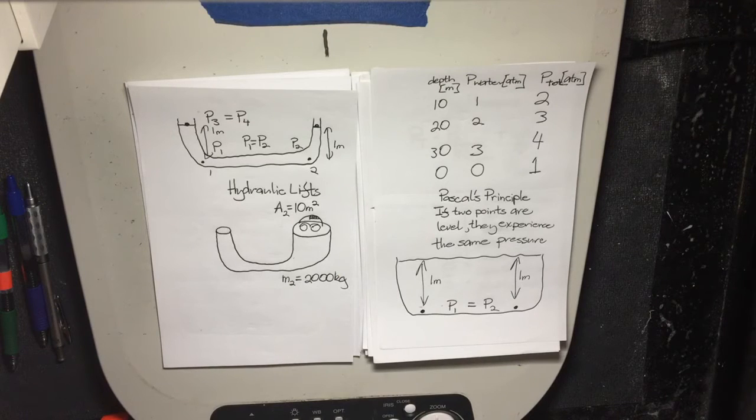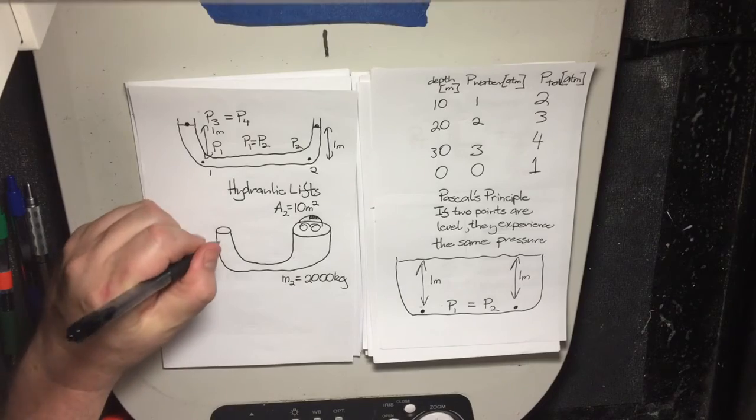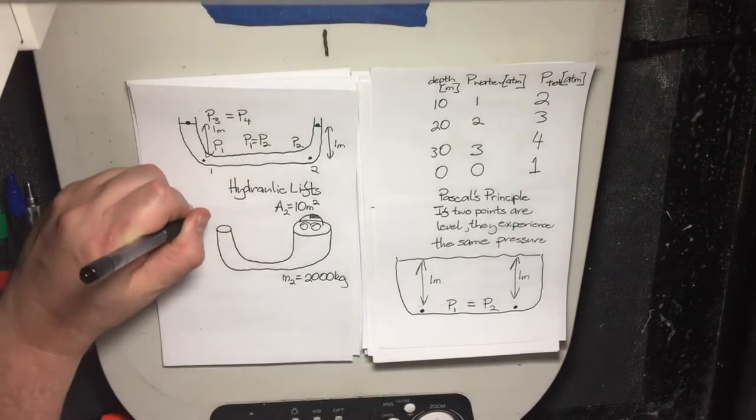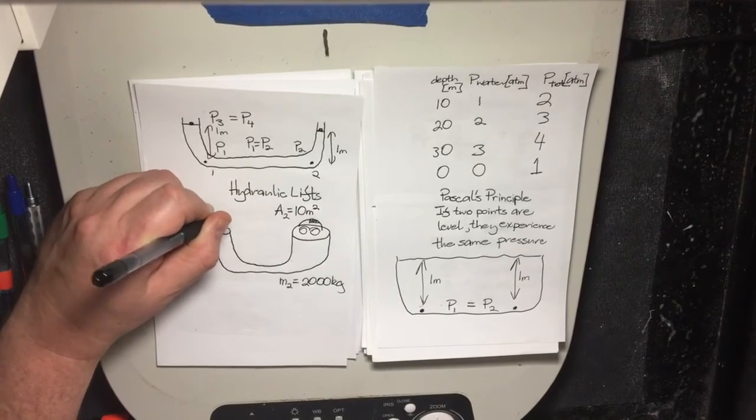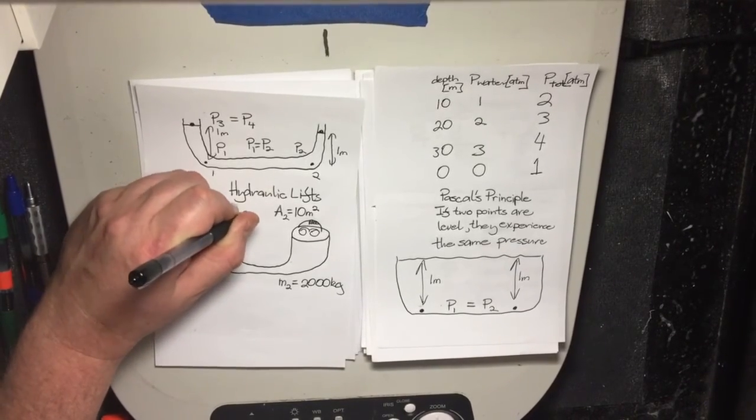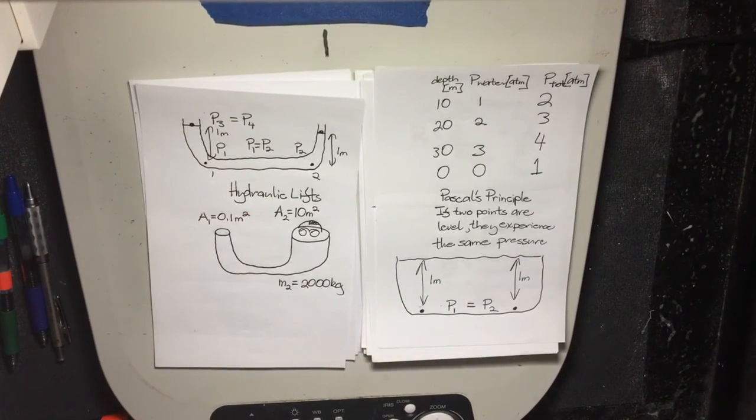That pipe is filled with incompressible hydraulic fluid that won't expand or contract based on force. And over here is a little platform, and that area is 1/10 of a square meter.